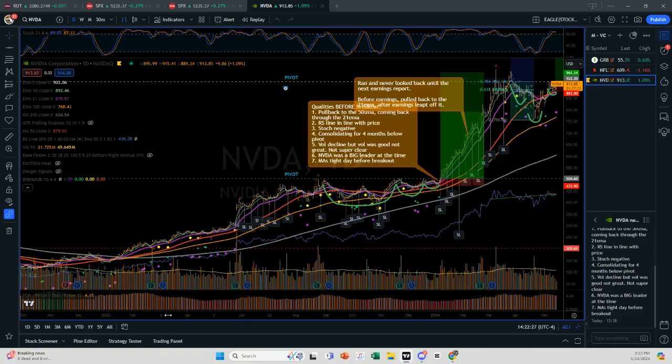I could find VCPs in stocks that move 1% per day, but those aren't the types of stocks that give me the type of returns that I'm looking for. And that's how, even though VCPs can occur, Mark might have his definition of what he's looking for, I might have mine.